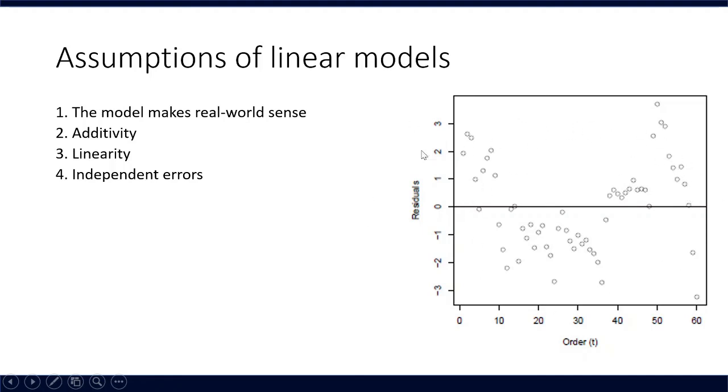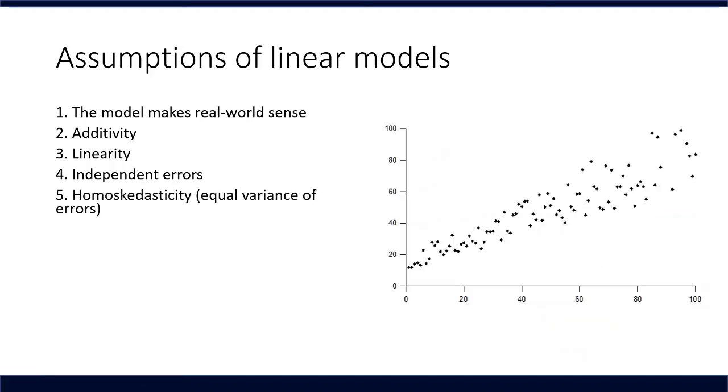We want all of these points to just be randomly scattered around that deterministic part of the model, around that best fit line, that regression line. We don't want this sort of patterning, which shows that these residuals might not be independent of each other. They might be correlated to each other, and that can cause problems.